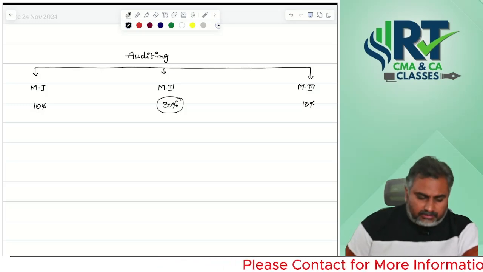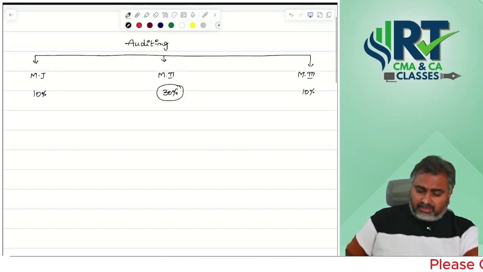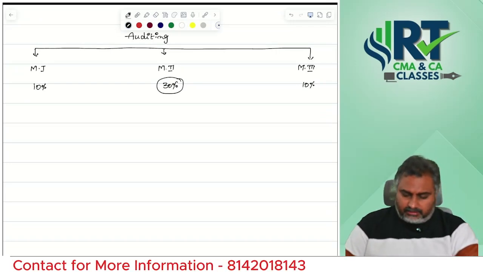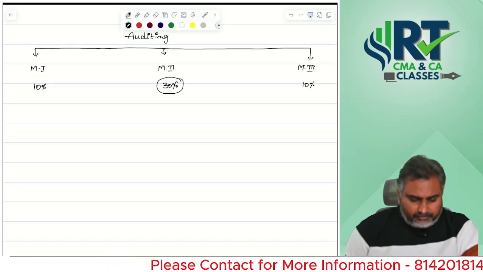Here only we will cover company audit, and these are the areas we will focus on more.